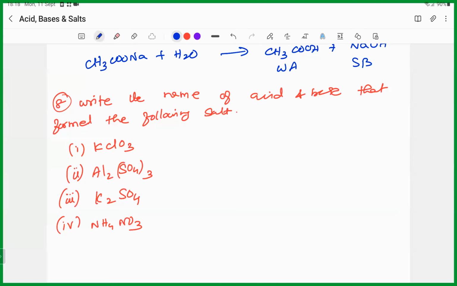எப்படிமா ஃபர்ஸ்ட் ஒன்னு? So positive part from the base. அப்போ K என்னவா இருக்கணும்? பேஸா இருக்கணும். பேஸ் இருந்தா என்ன வரும்? பொட்டாசியத்துல என்ன பேஸ் இருக்கு? So potassium hydroxide.